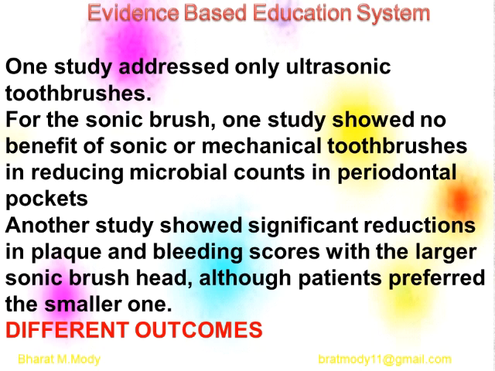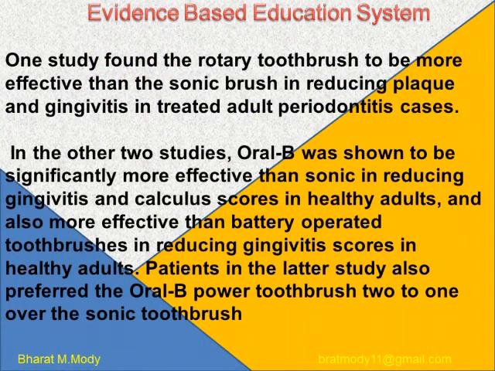Another study showed significant reduction in plaque and bleeding scores with sonic toothbrushes. So here the outcomes were different. This is not the outcome that we are trying to find out. We are trying to find out the outcomes on plaque. So that is the problem.